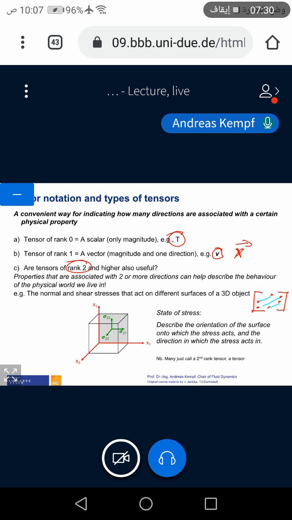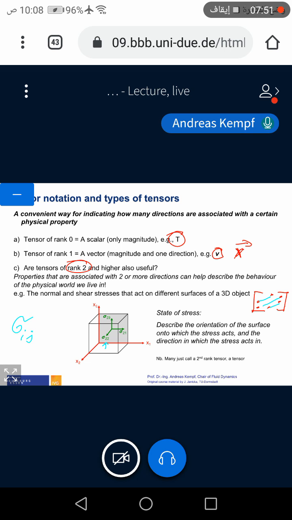Quick reminder about the stress tensor. A stress tensor has 3 rows, 3 columns. The notation, if we do an index notation, as sigma ij has 2 indices. It has the index i and the index j.